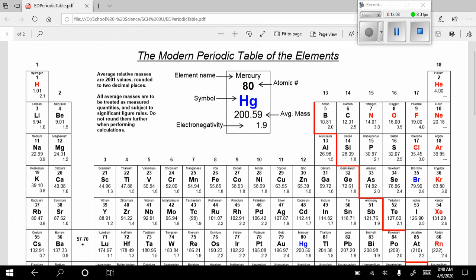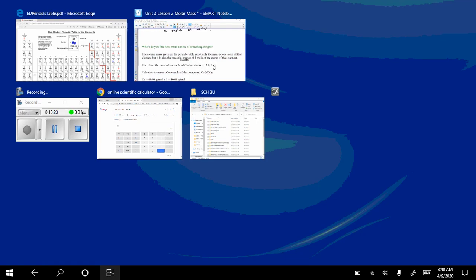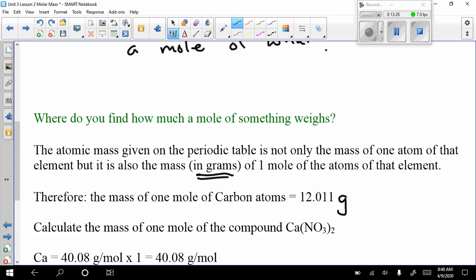So not only is it the mass of an atom, but it's also the mass of an entire mole if you put grams with it. So your periodic table is going to become very important in the next little bit as you want to calculate what the mass is of 1 mole of things. So the mass of 1 mole of carbon atoms is 12.011.